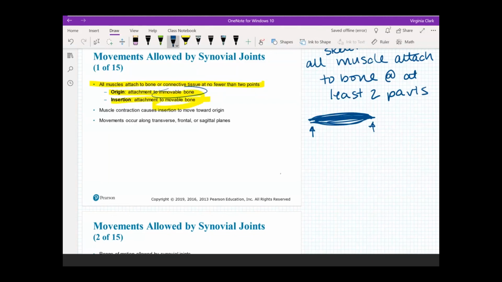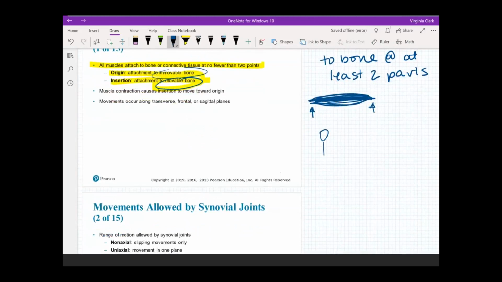So what that actually means is that movable and immovable bone are going to be kind of a different phrase. So let's say we have a lovely little dude right here, and we are going to ask him to flex this arm. So he's a cute little 4-year-old, and we've asked him to flex this arm. If we look at this particular structure of the arm, let's blow this up.